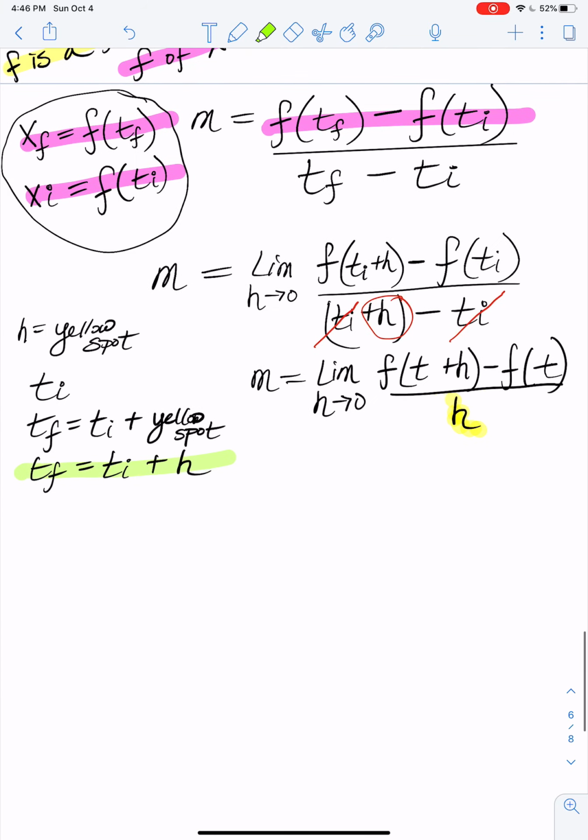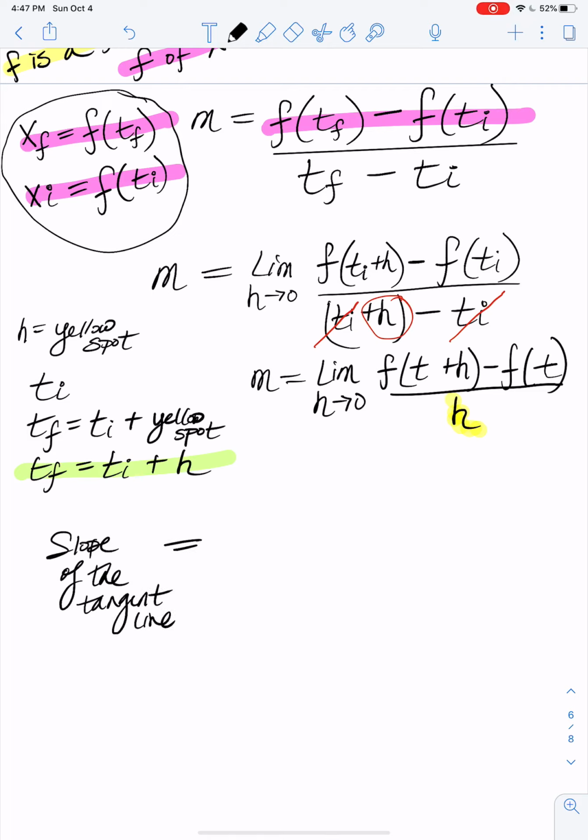Coming back down here, we can change this m to be the slope of the tangent line. So I'll rewrite it one more time: the slope of the tangent line is equal to the limit as h approaches 0. h becomes a small number that you can't even think of because it's smaller than that.